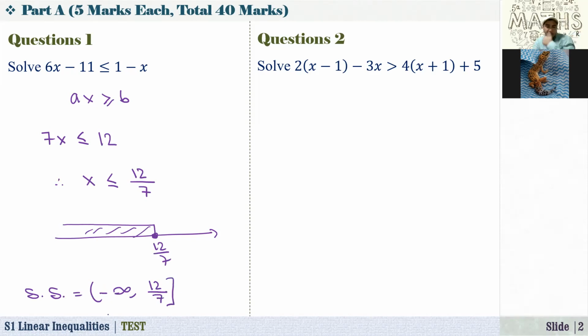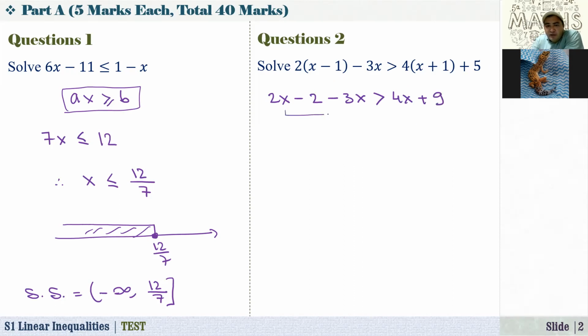However, in question 2, again, we have to expand and simplify and bring this into the form ax is less than or greater than, or less than or equal to, greater than or equal to b. So now first, if you expand the left hand side, here we have 2x minus 2 minus 3x. On the right hand side, greater than, here we have 4x plus 4 plus 5, that is 9.